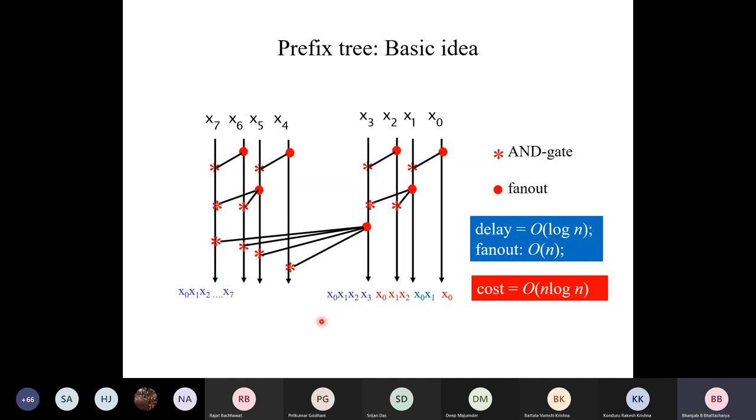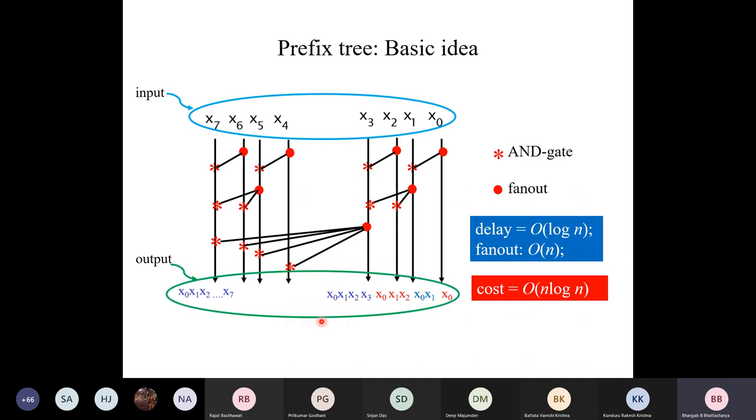So what is the engineering solution to that? The next solution is based on this prefix tree, but with a little bit of change. This is my input and this is my output, and the basic idea of the prefix tree is to create this recursive tree structure so that the delay becomes logarithmic, at the cost of n log n, but in this simplistic form, the fan out is still a problem.